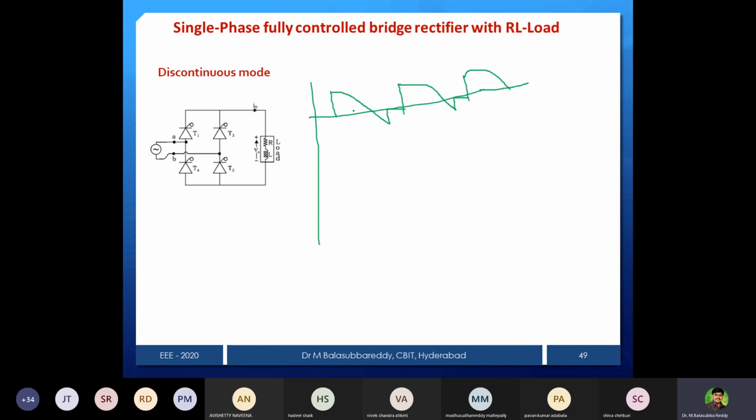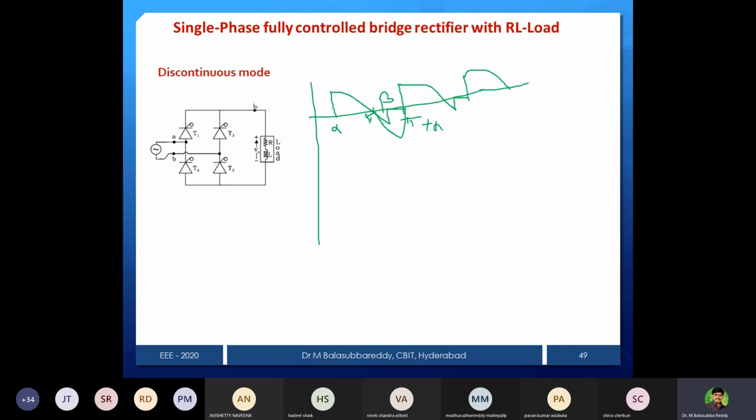Now we can see that earlier we noticed that it started at alpha, this crossing is pi, this is beta, and this one is pi plus alpha, and so on. So what is the difference? If the inductor is large, then this device will continue to conduct up to pi plus alpha.